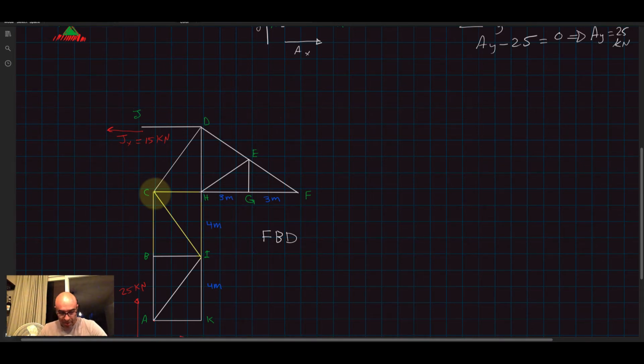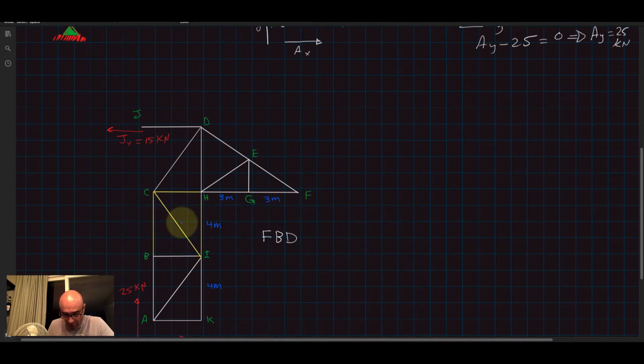Now we have 4 and they are well inside the truss, so using the joint method might not be the best way. We probably can start at least with the sectional method. Remember, when we do the sectional method we have to section it, but I can't section more than 3 members.